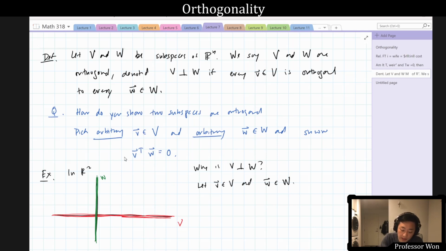Okay, well, what is V? V is the span of (1, 0). W is the span of (0, 1). So every vector in V looks like some constant, comma, 0. An arbitrary vector in V, right? All I'm using is that it's in V. So since v is in the span of (1, 0), v is equal to (c, 0) for some real number c.